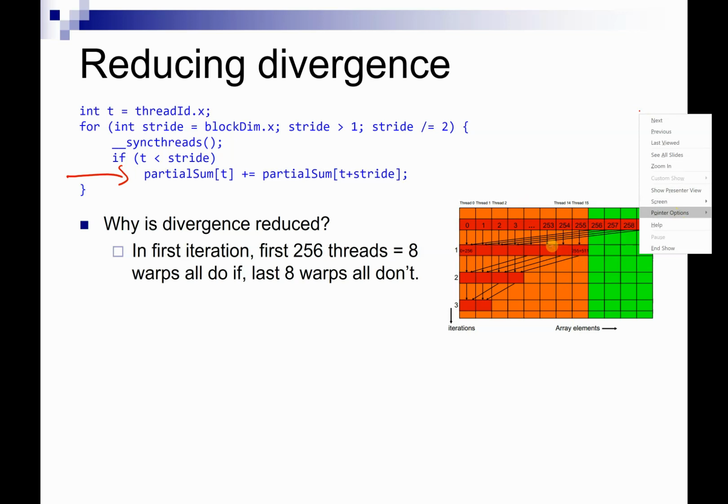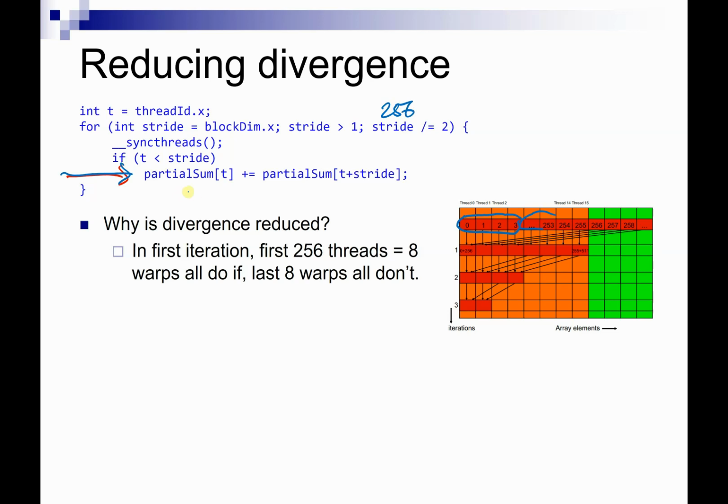So let's say this is a warp of threads, and this is some other warp of threads. Now you see that the first warp of threads are all going to be doing the same thing, because if you look at this instruction over here, since initially your stride is 256, let's just look at the first 32 threads in the warp.